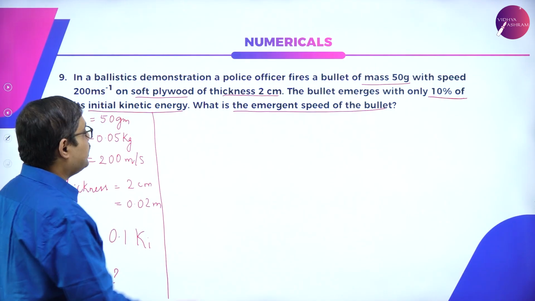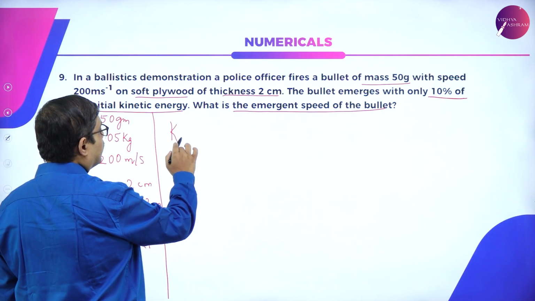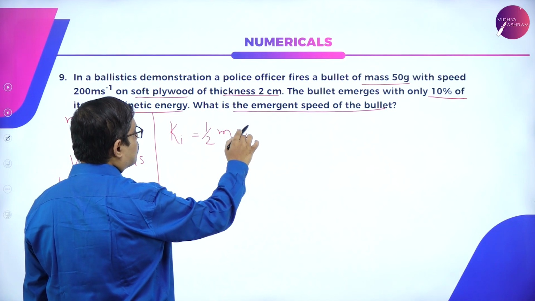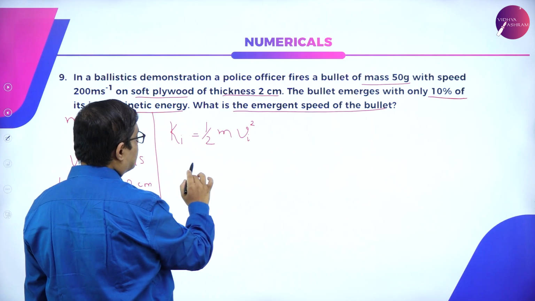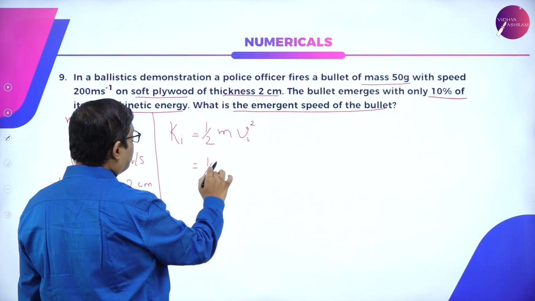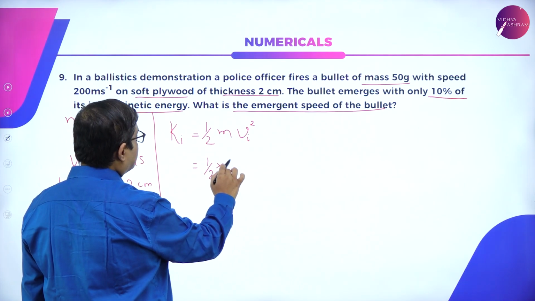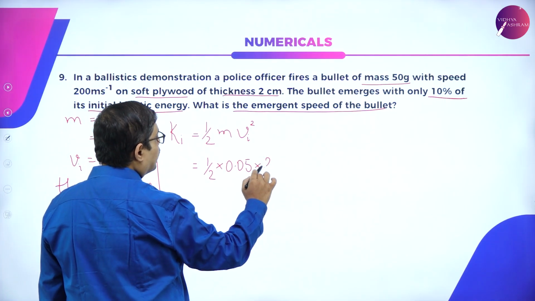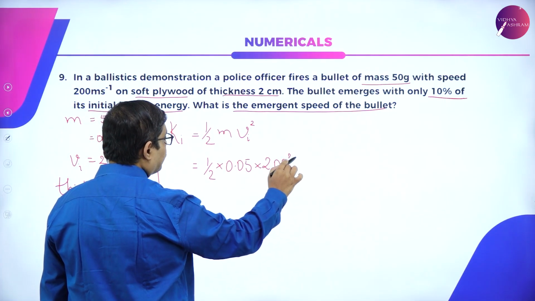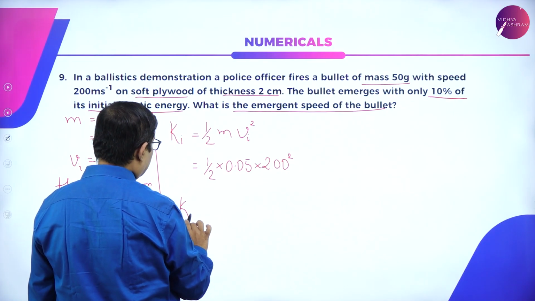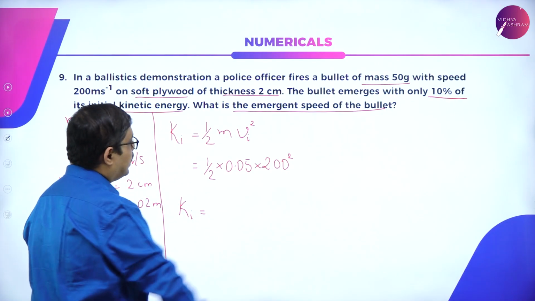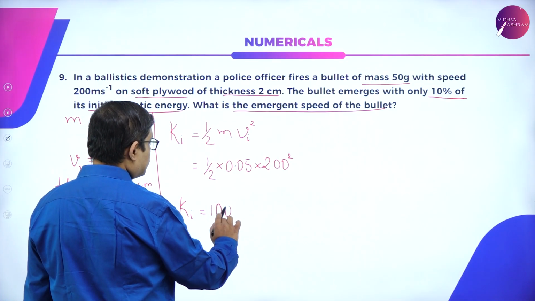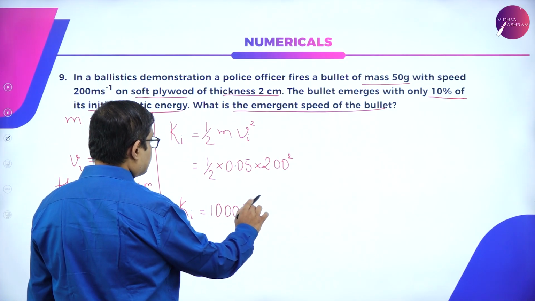Let me find out the initial kinetic energy. Kinetic energy is given by half mv square, the initial velocity. So this is half, mass is 0.05 into velocity is 200. Use your simple calculator and let me know what is the initial kinetic energy. The initial kinetic energy is 1000 joules.